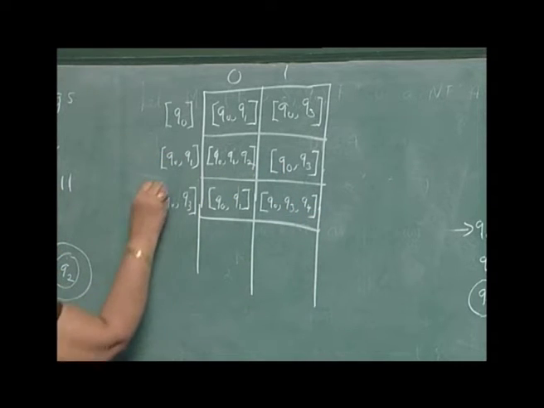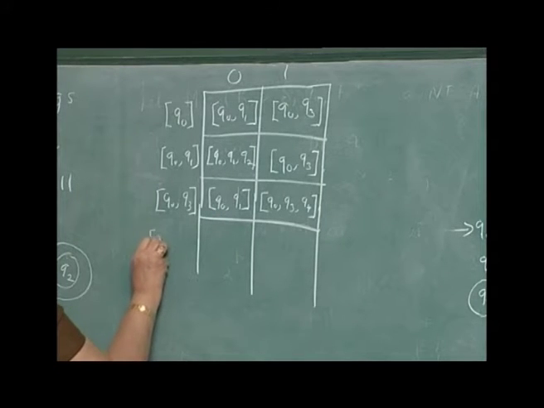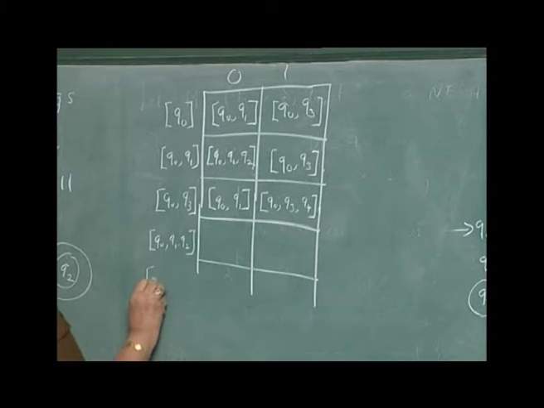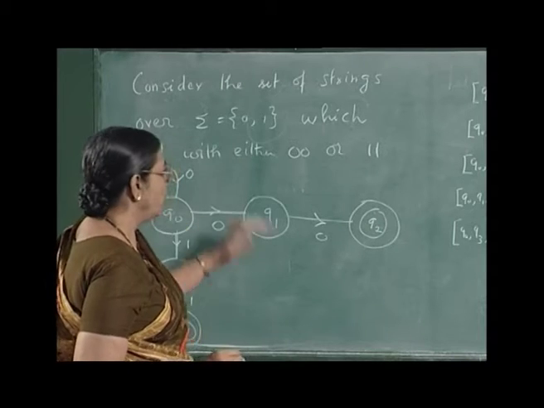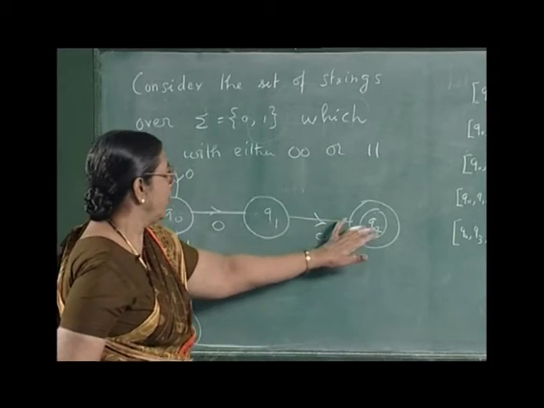Now, for this you have already considered. You have to consider for this. So, next you have to consider for the state Q naught, Q1, Q2, and also for the state Q naught, Q3, Q4. Now, from Q naught, Q1 or Q2 if you get a 0, you again go to Q naught, Q1 or Q2. This is from the diagram you get.